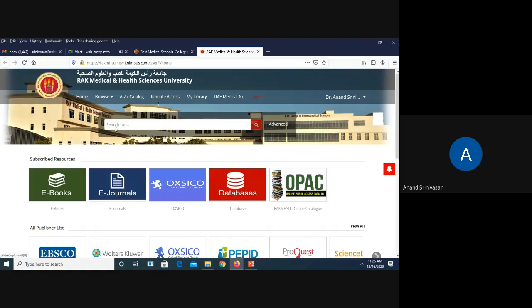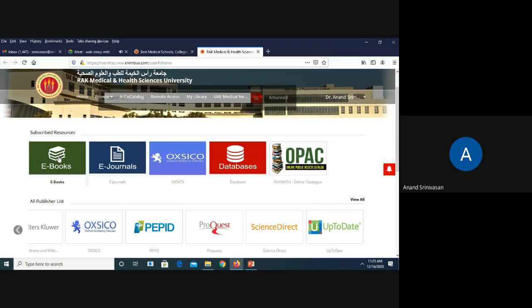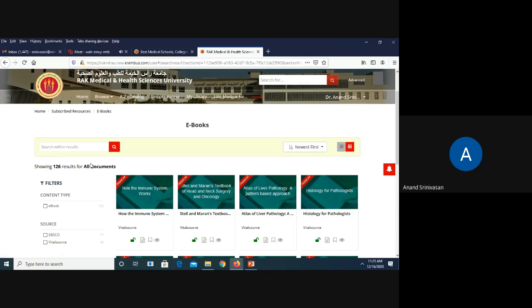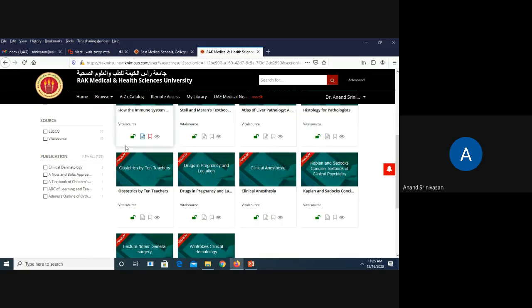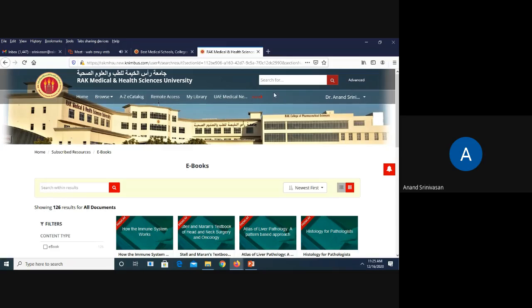Go to the ebooks, and you can type it here also.